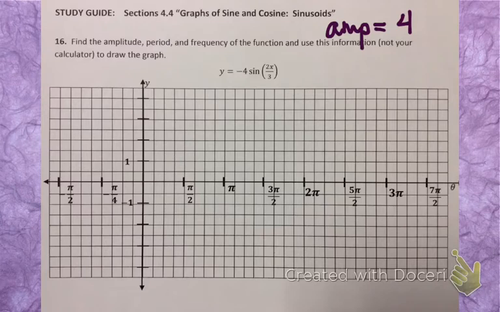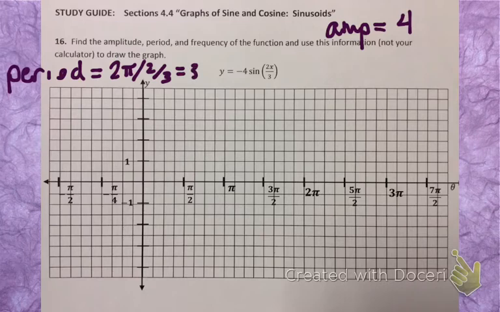The period is going to be, again, similar to the one we did a minute ago. So let me sneak over here to the side and see if I can squeeze this in. The period is equal to 2 pi divided by 2/3, which would be the same thing as 2 pi times 3/2, so it's going to give us 3 pi as our period.